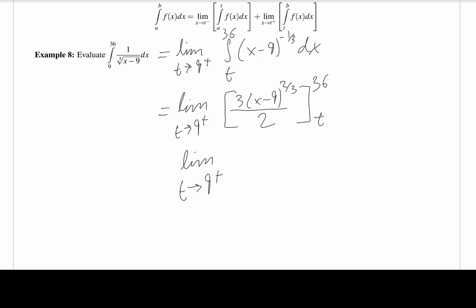And in fact, like I was saying in the previous lecture video, we can pull this out in front of the limit of, we should have 36 minus 9, which is 27, to the 2/3, minus t minus 9 to the 2/3.